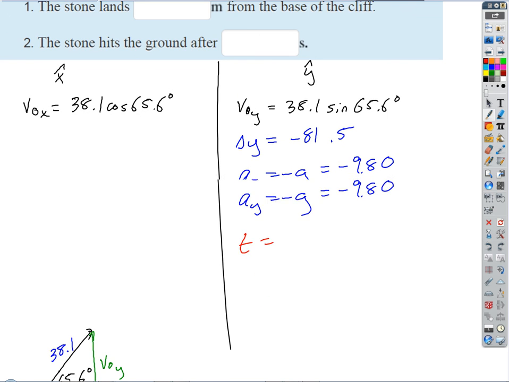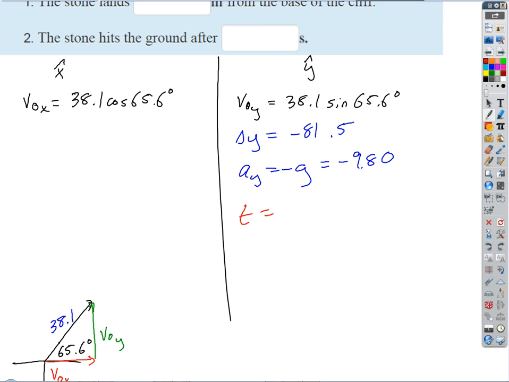So we're going to set up equation 3 to solve for t. And what's that give us? It gives us, we'll just write it up here first, delta d equals v naught t plus 1/2 AT squared.